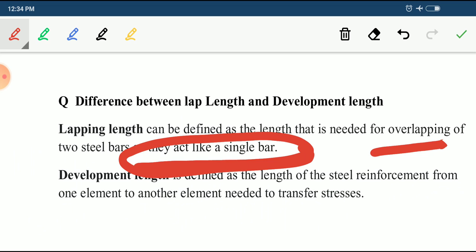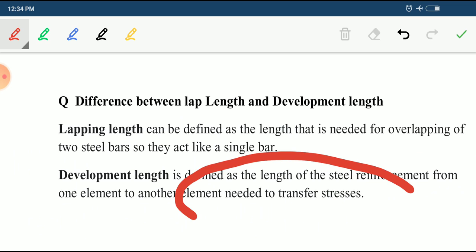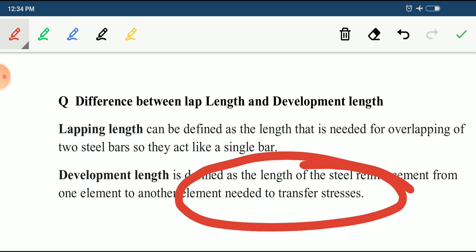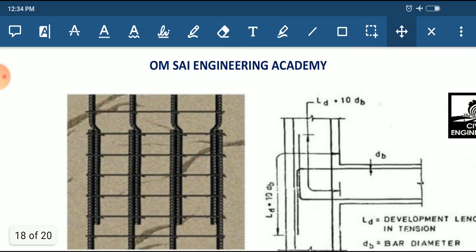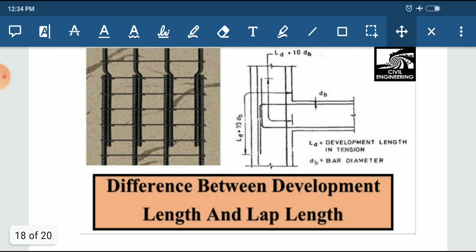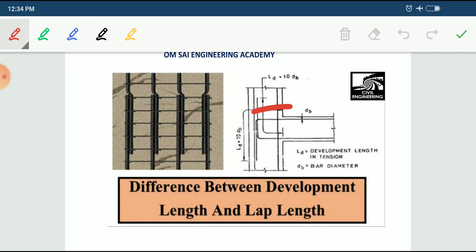This is the definition of lap length. Development length is defined as the length of the steel reinforcement from one element to another element needed to transfer the stresses. Already we discussed this. This is the diagram given here. This is your LD.